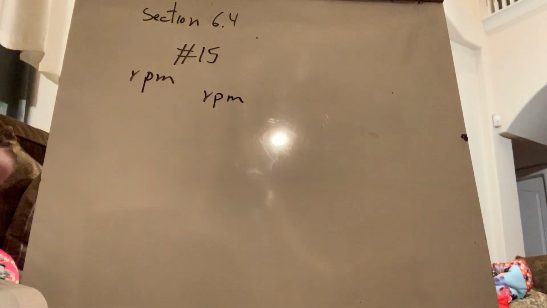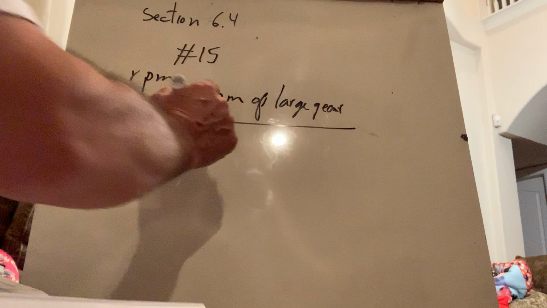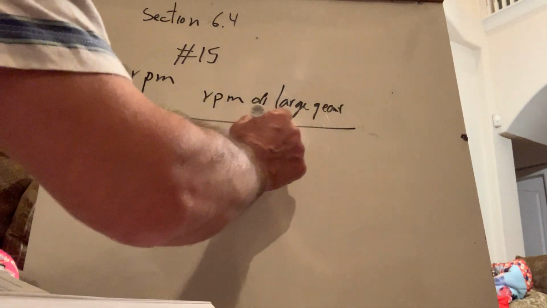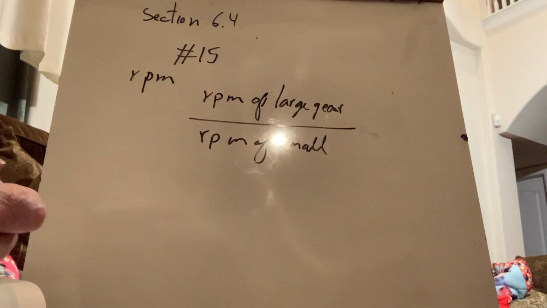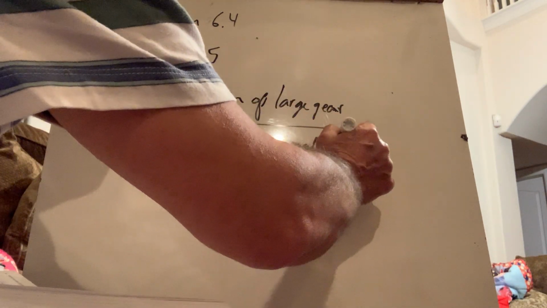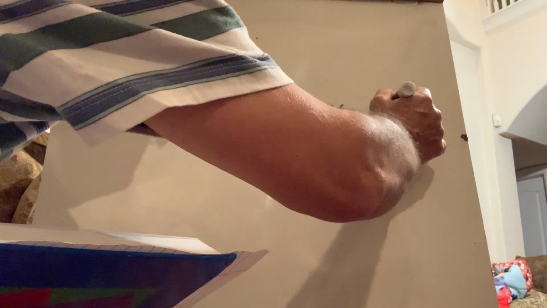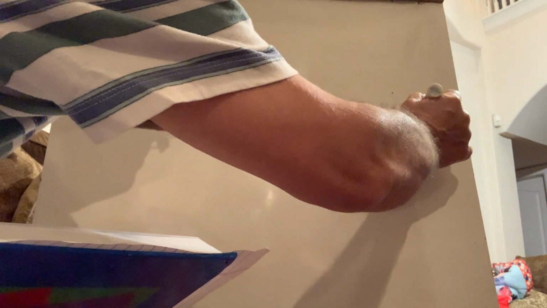RPM of the large gear over the RPM of the small gear is equal to the number of teeth on the small gear over the number of teeth in the large gear.